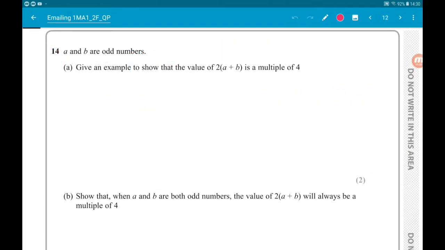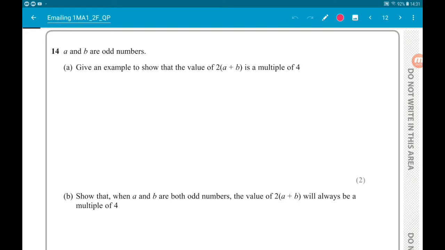Okay, number 14, A and B are odd numbers. Part A, give an example to show that the value of two lots of A add B is a multiple of 4. So, just pick two odd numbers. In fact, they can even be the same.